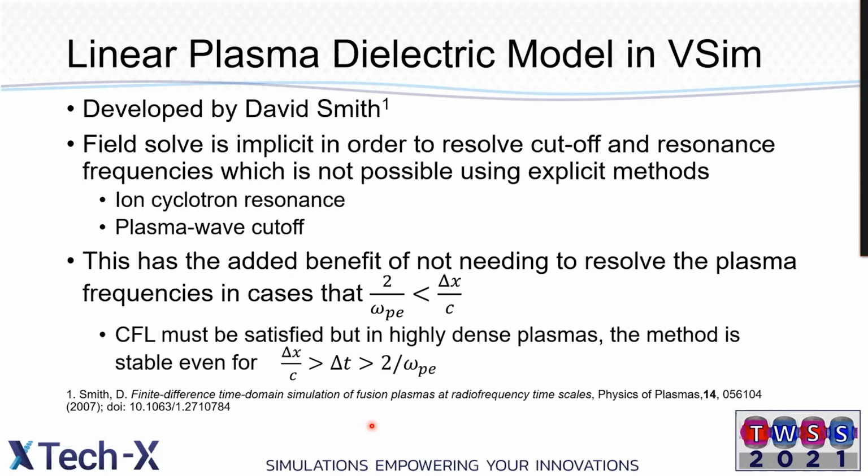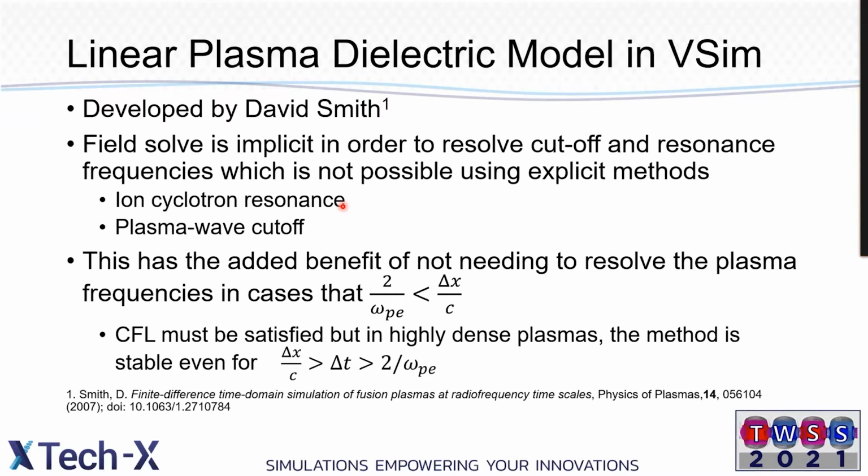And the nice thing about this scheme is that it's implicit. The main reason it's implicit is so that we can look at cutoffs and resonances. If you try to look at cutoffs and resonances in an explicit scheme, you end up getting numerical instabilities. By going to an implicit method, you can get around those numerical instabilities.